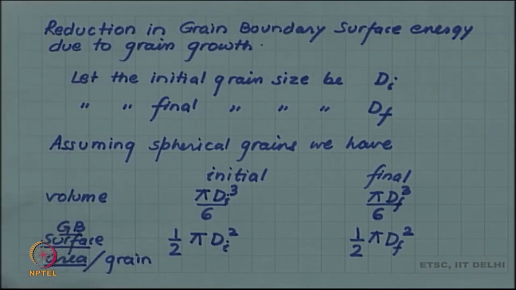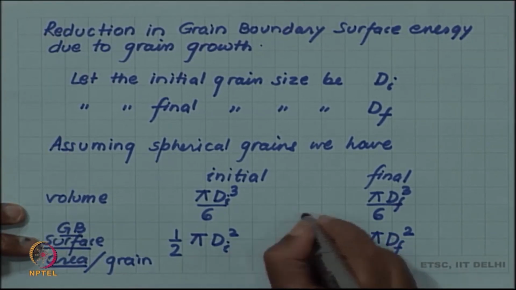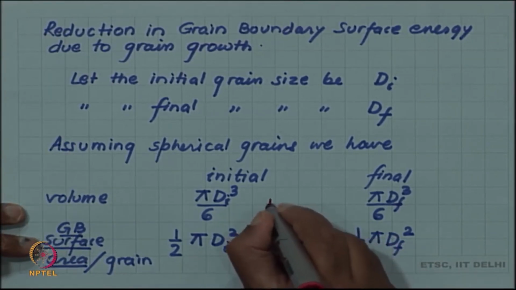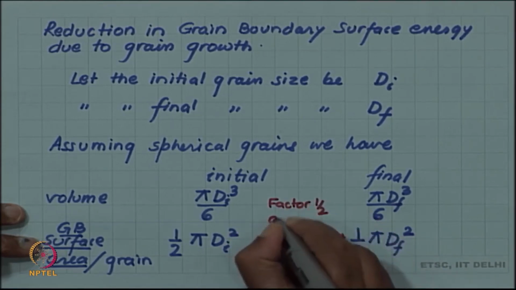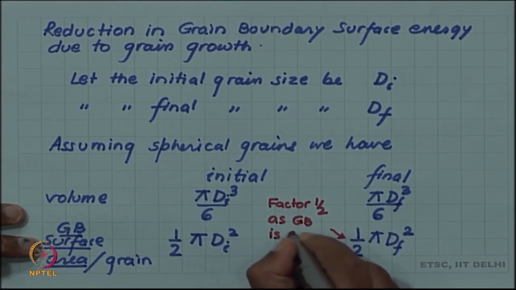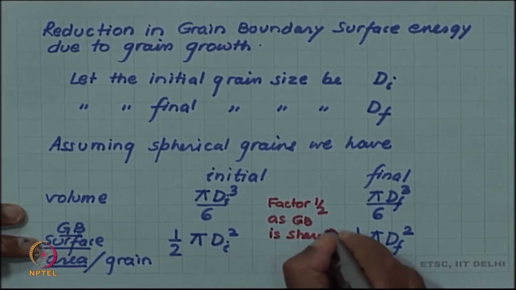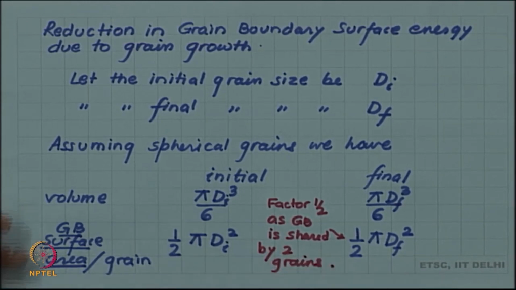So, the factor half is coming as grain boundary is shared by 2 grains.